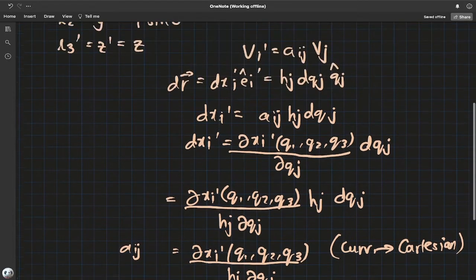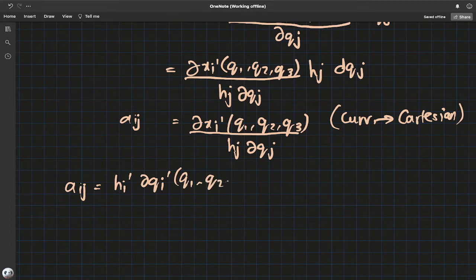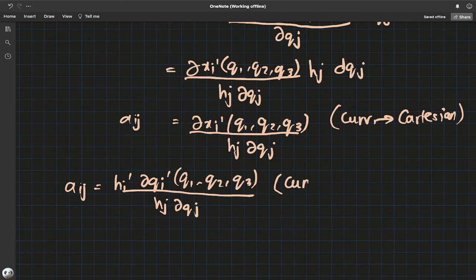Now we can repeat similar steps and we can derive the relation that a sub ij is equal to, say, h sub i prime partial q sub i prime, q1, q2, q3, with respect to h sub j partial q sub j. This converts from curvilinear to curvilinear, so from the q system to the q prime system. I mean, this is a general case.